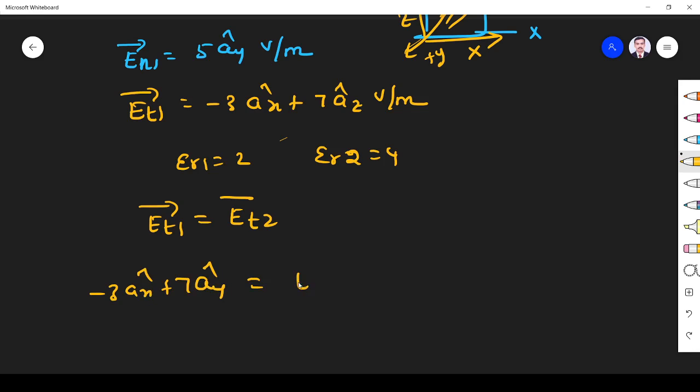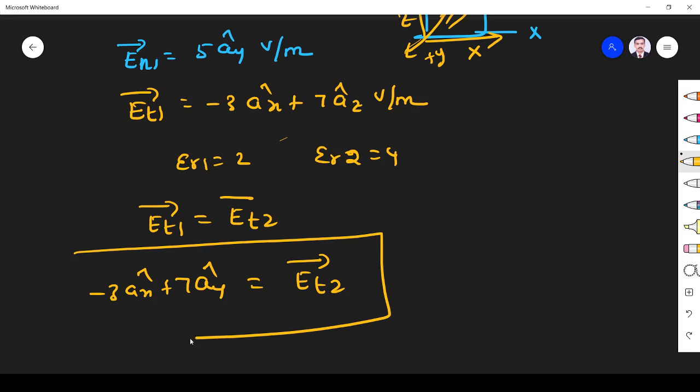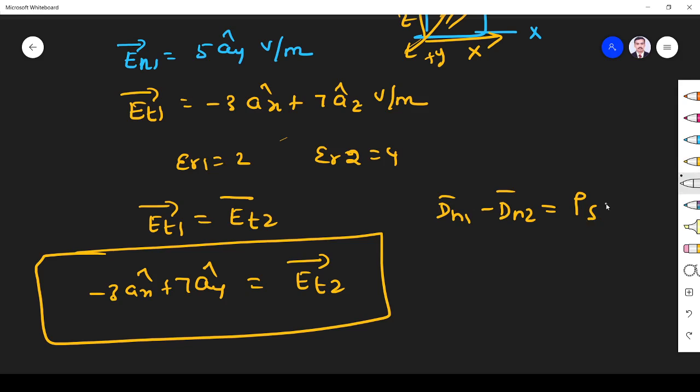That is equal to the tangential component of the second medium also. So both have the same tangential component. Next we have to find the normal component. The condition is Dn1 minus Dn2 equal to rho s for dielectric, but rho s they don't give anything, so surface charge density is 0. So this implies Dn1 is equal to Dn2.